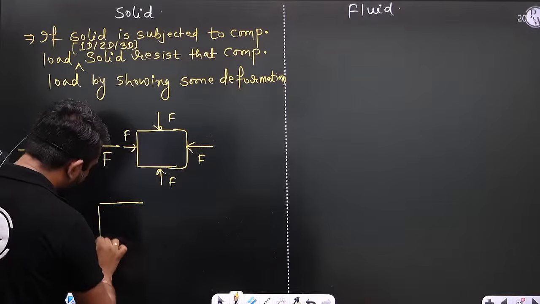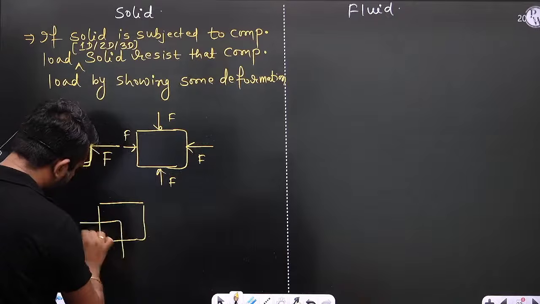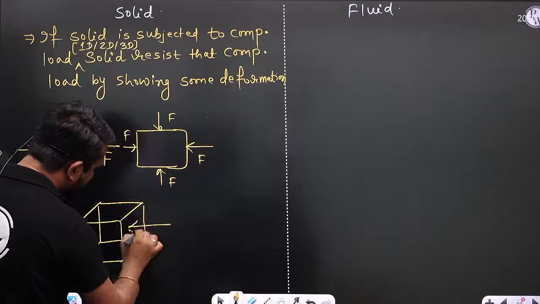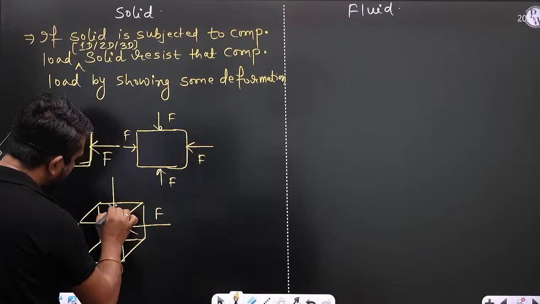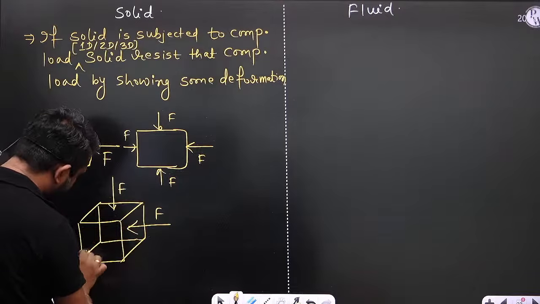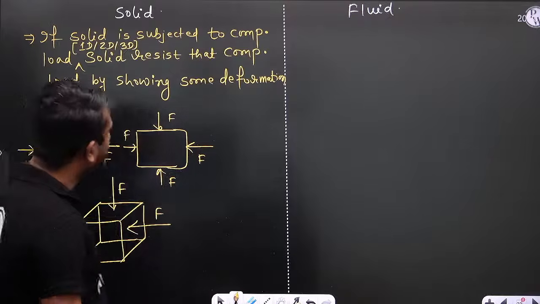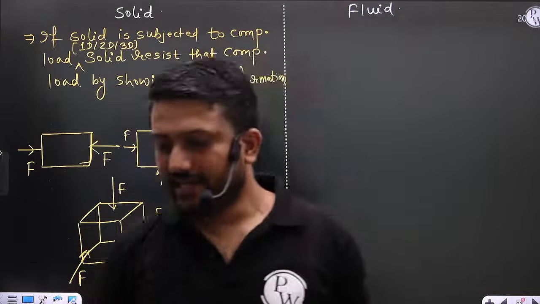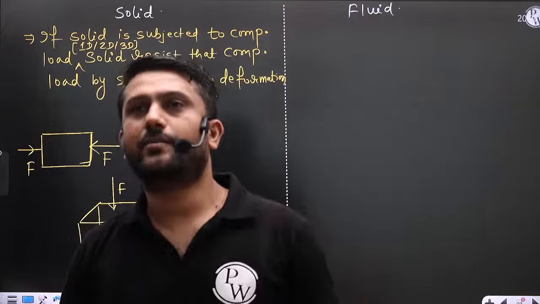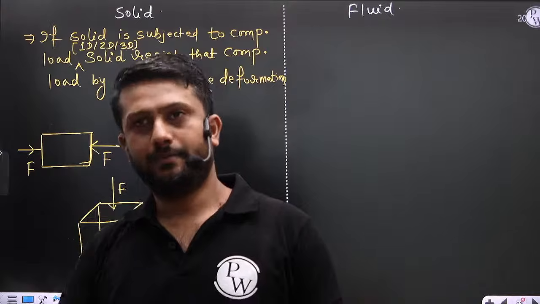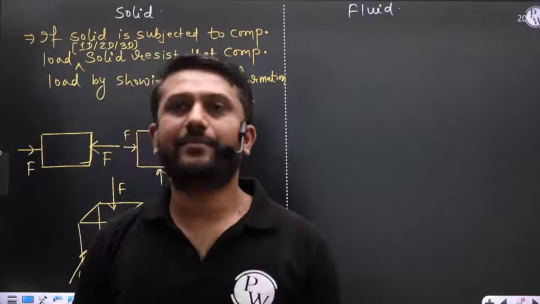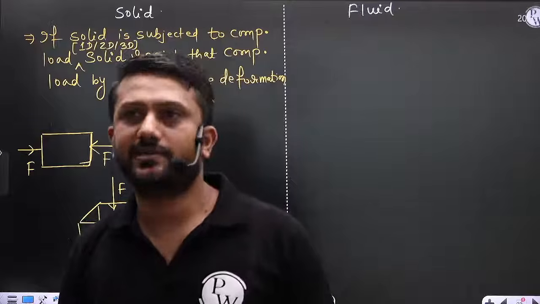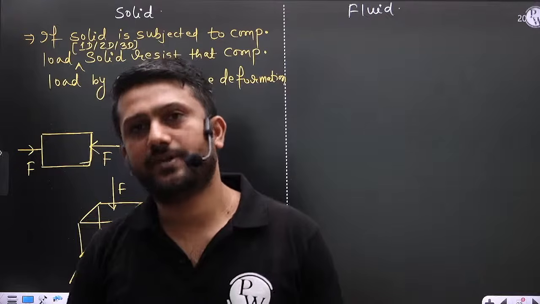Again there is a solid, and this solid is subjected to three-dimensional compressive load. So when solid is subjected to compressive load, it may be one-dimensional, two-dimensional, or three-dimensional. The solid resists that compressive load by showing some deformation.